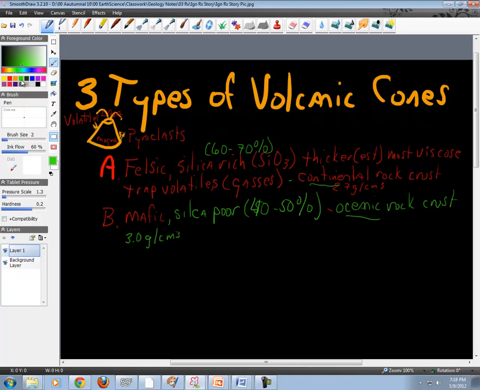Okay, this tends to be thin or more runny than this. Because of that, it doesn't trap volatiles, so it allows gas to escape easily.